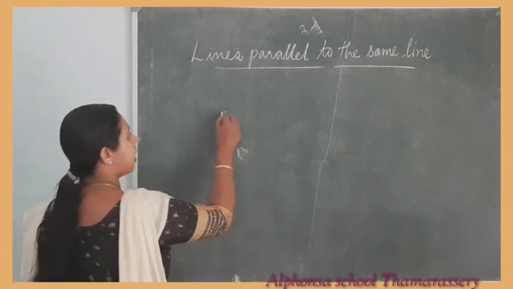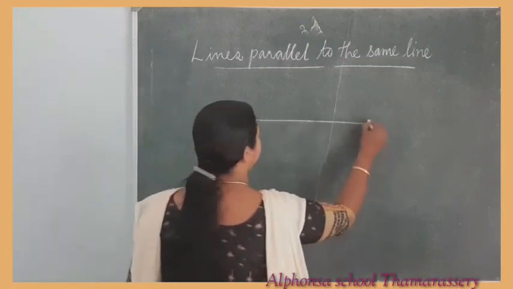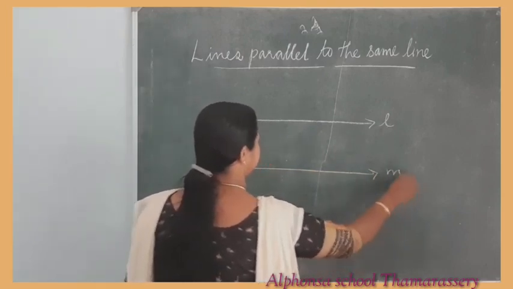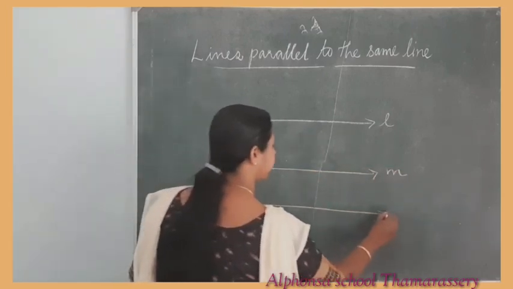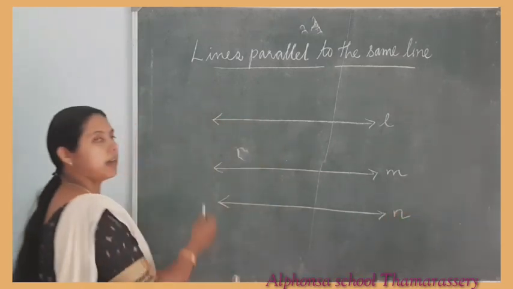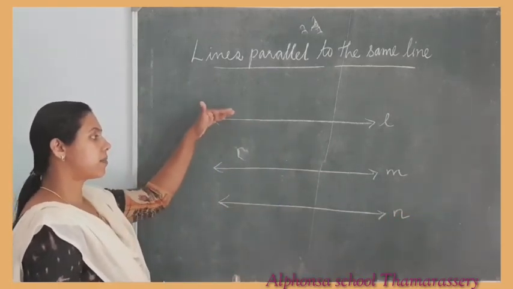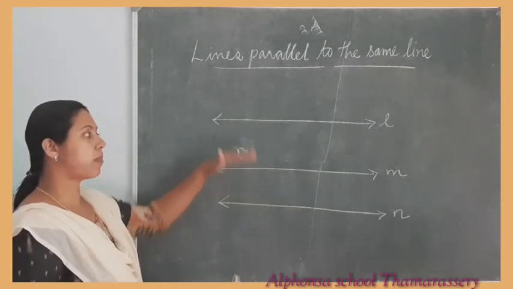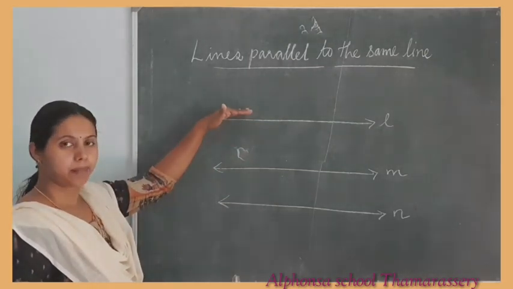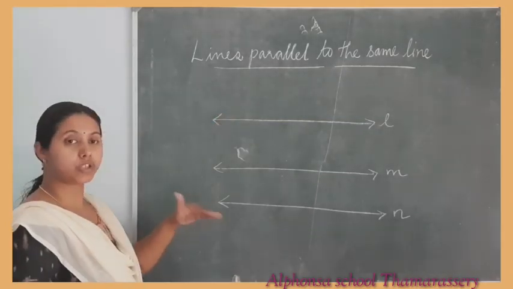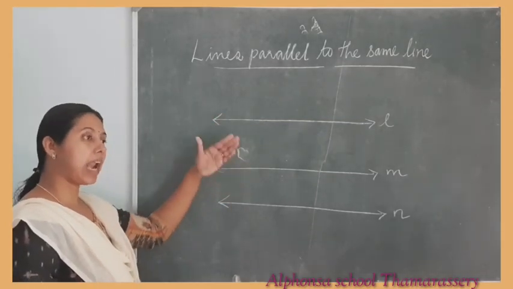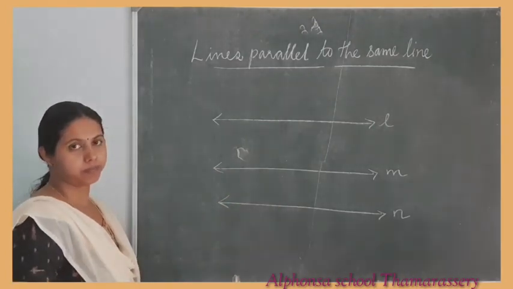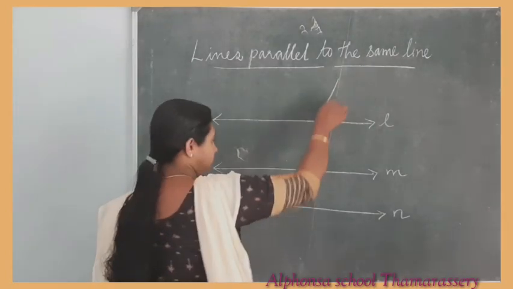Here there are three lines, line L, line M and line N. Line M is parallel to L and line N is parallel to L. We want to show that they are parallel to each other. That means whether these two lines are parallel or not. Suppose T is a transversal.